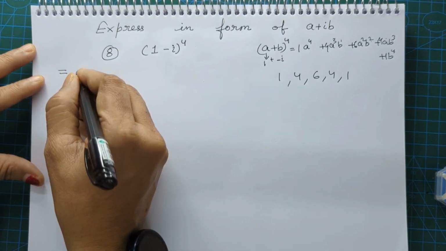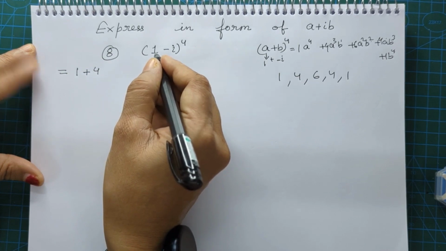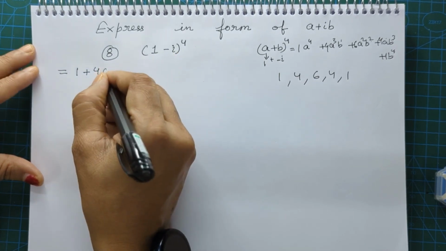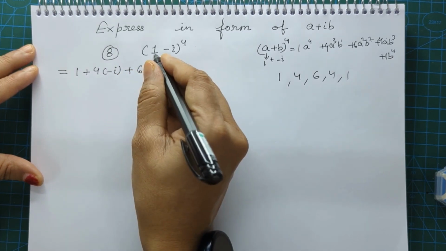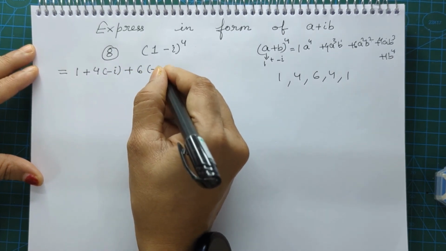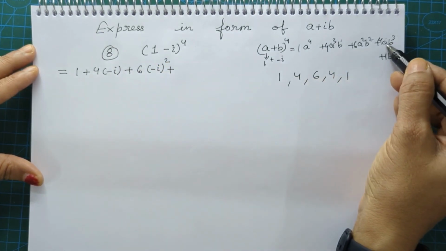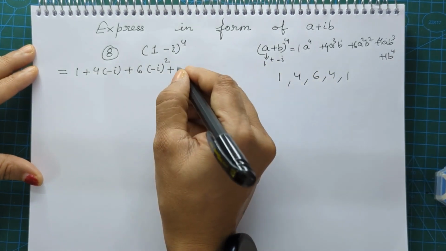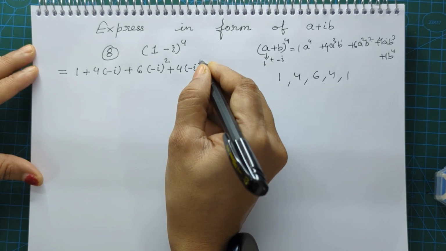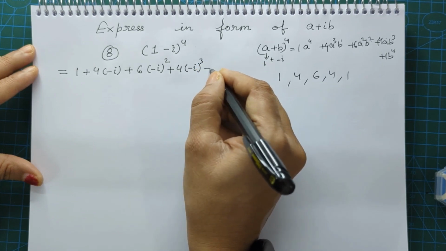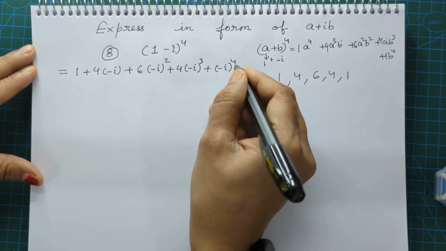So 1 to the power 4 is 1, plus 4, 1 cube means 1 only, b to the power 1 means negative i, 6 times a square, which is 1, times b square, means negative i square, plus 4ab cube, means 4, a is 1, b cube, negative i to the power 3. The last term is b to the power 4, means negative i to the power 4.